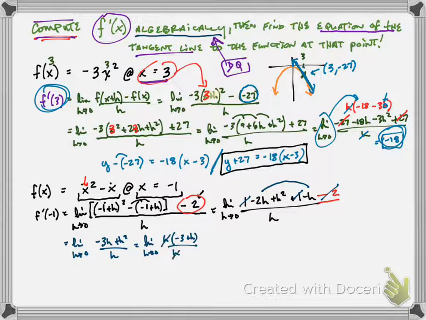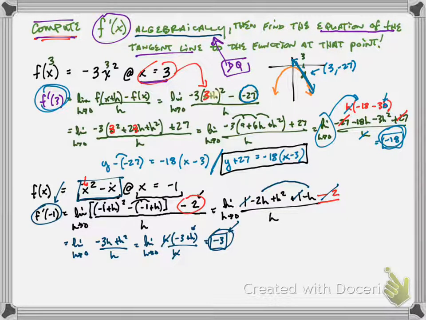The h is reduced. We can finally substitute 0 for h right here, and we're left with negative 3, which means that the derivative, f prime of negative 1, is negative 3. The slope of this curve, x squared minus x, at x equals negative 1 is negative 3. In other words, the curve is decreasing at a rate of negative 3 over 1.